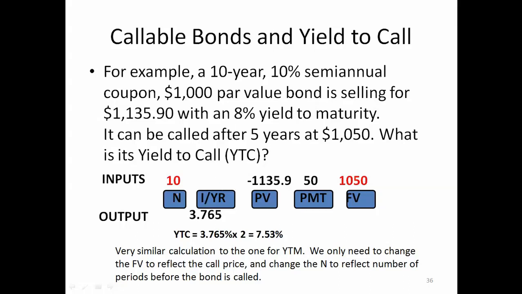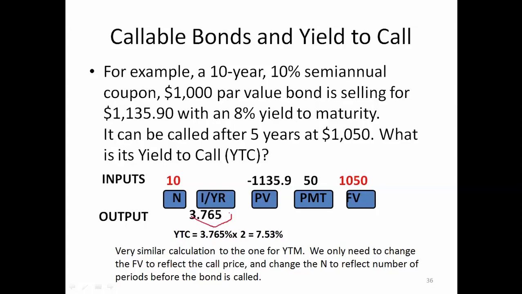So within the 5 years, 10 payments, each payment being $50, and when the bond is called back, the company, or say the issuer, pays a call price of $1050. So FV here is not the $1,000 par value. And the price is 1135.9 as a negative number. And we compute for the IY, and it turns out to be 3.765.